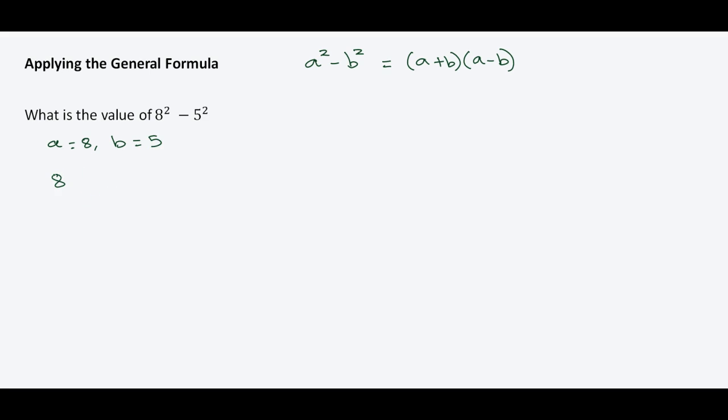So 8 squared minus 5 squared is going to be 8 plus 5 multiplied by 8 minus 5, which gives us 8 plus 5 is 13, multiplied by 8 minus 5, that is 3, which is 39.